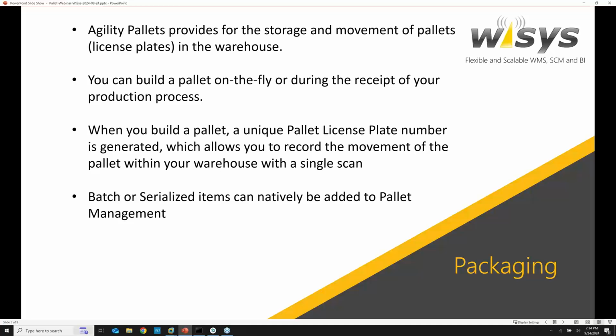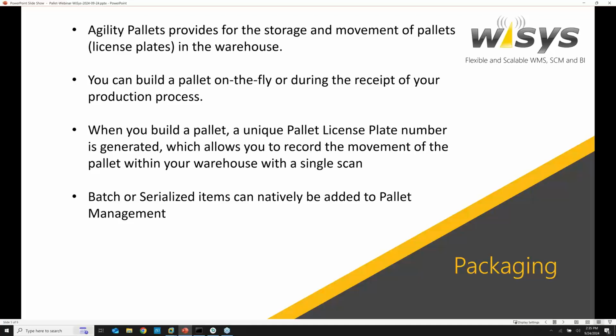We all know how difficult it is to add serialization and batches and to track those natively in SAP. What we're going to do is add that information as we create these packages or these pallets, and then we're only going to have to scan the serial or the main pallet ID or the pallet serial license plate to get that information and move those items quickly in our warehouse.